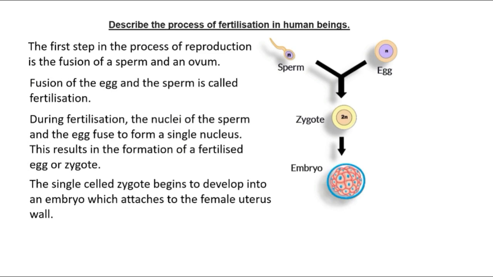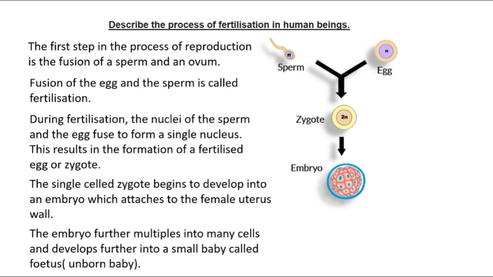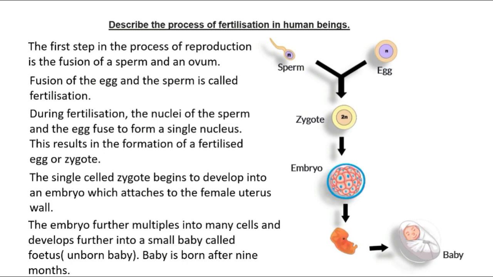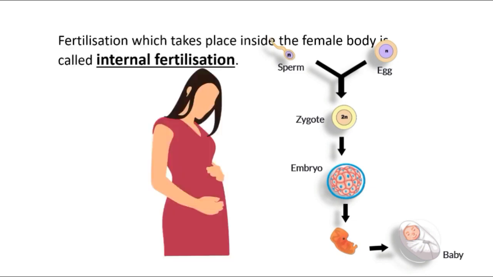So within 7-8 weeks of this stage, that embryo moves towards the uterus and then it converts into a fetus and finally the baby will be coming out. So this is the process we have to write as far as this question is concerned along with the diagram. Please remember this, right?